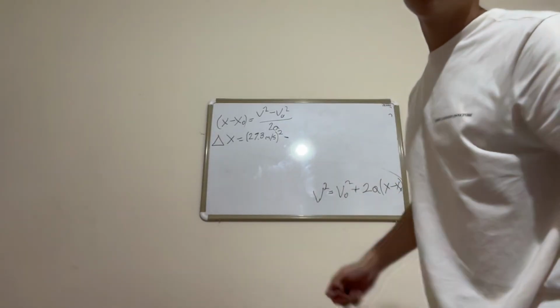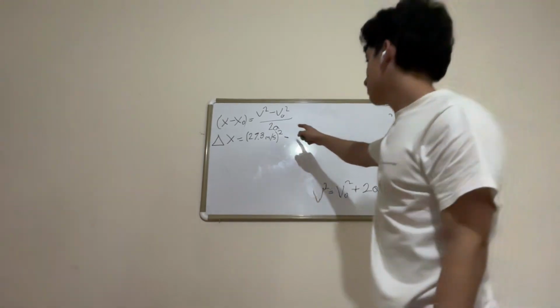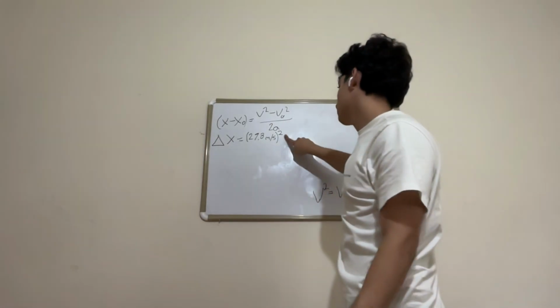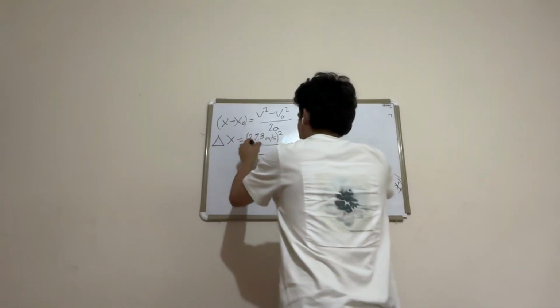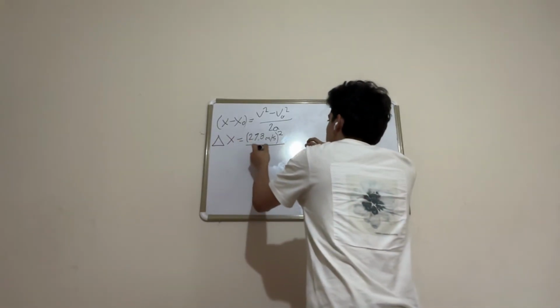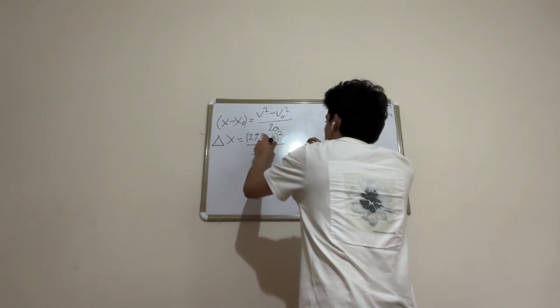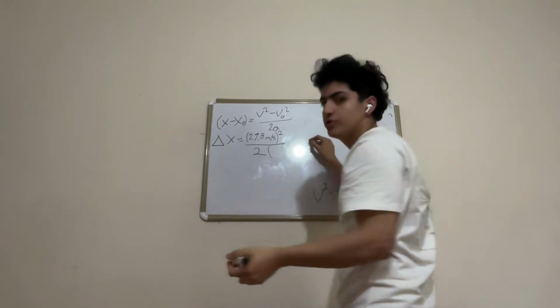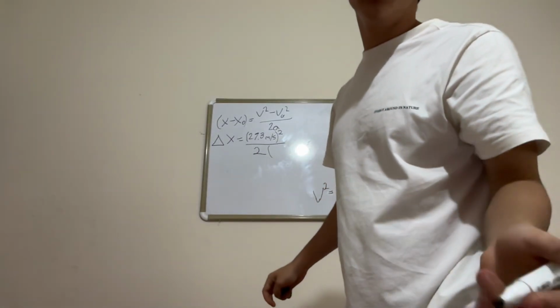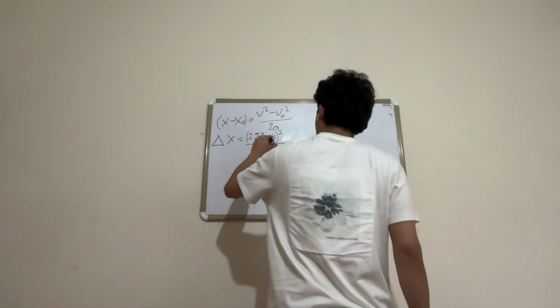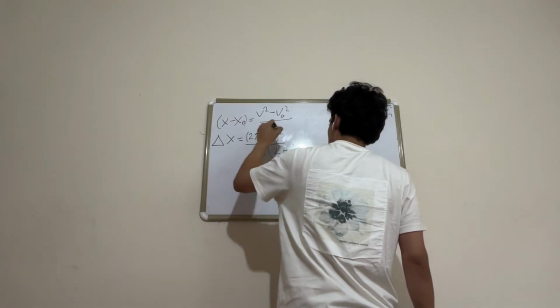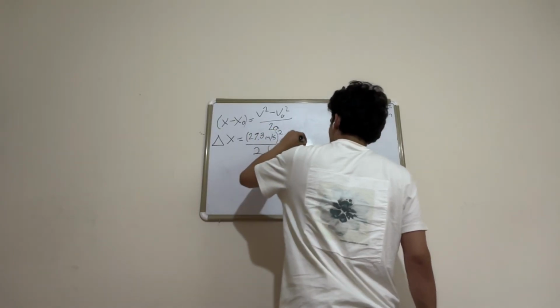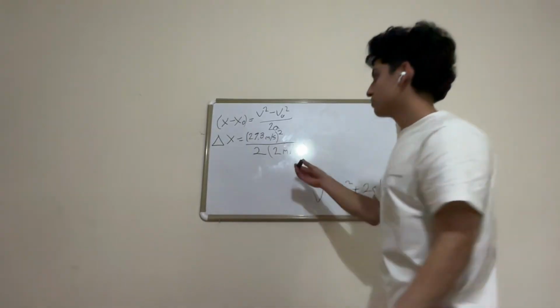As I said, this is basically 0, so I don't even need to write it down. And over 2 times the constant acceleration, which as we know was 2 meters per second squared. There you go. So that's what we have.